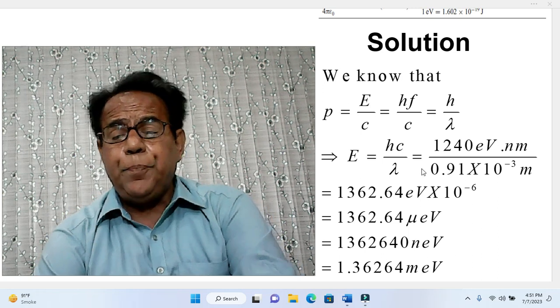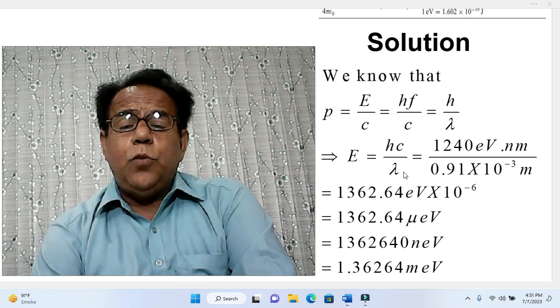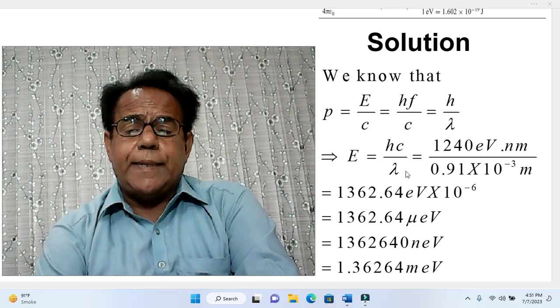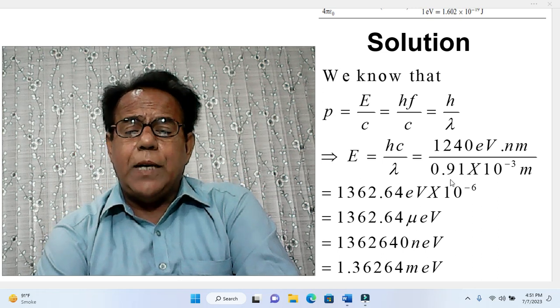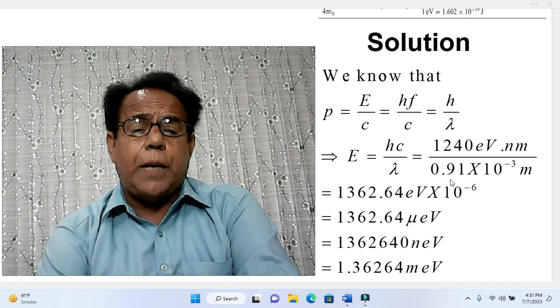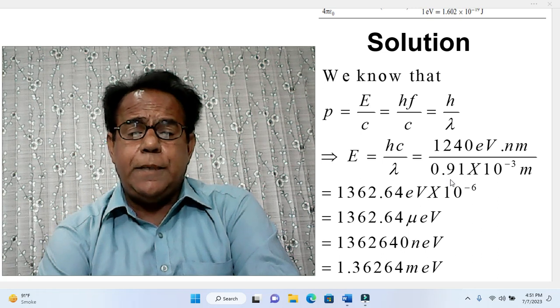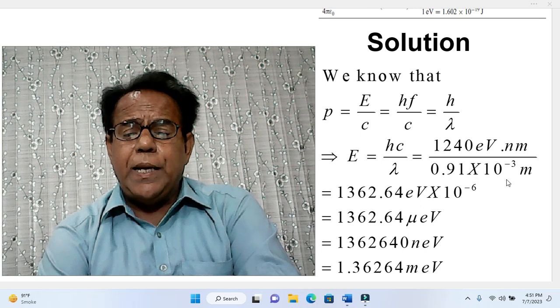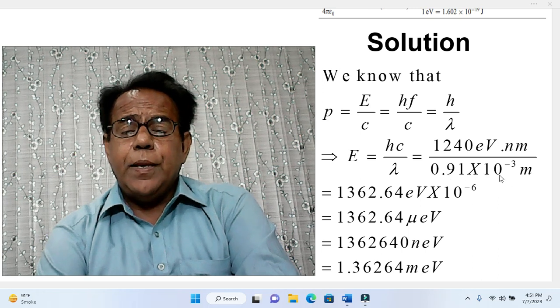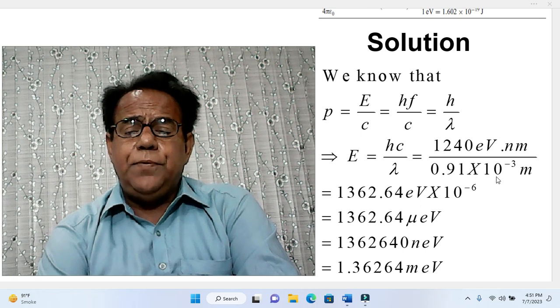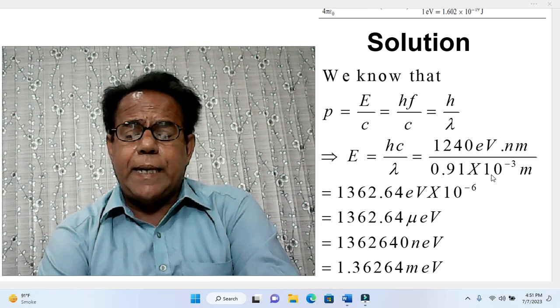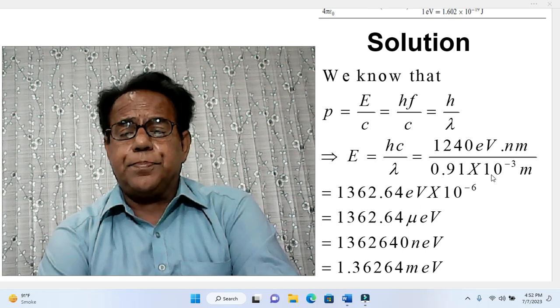Dear students, the value of lambda has been provided in this statement, which is 0.91 millimeter. Milli stands for 10 raised to the power minus 3, so in place of m, which stands for milli, we have replaced it by 10 raised to the power minus 3.